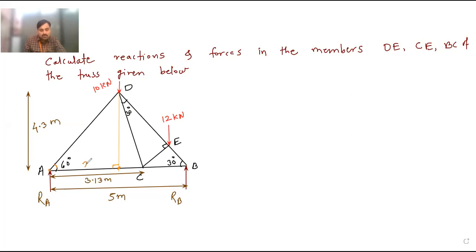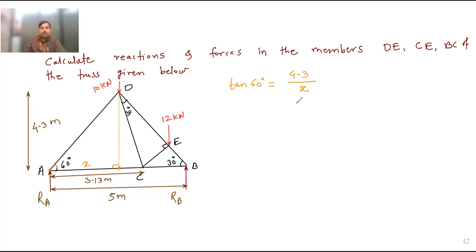Suppose this distance is x. Then if I use tan of 60, tan of 60 is equal to the opposite side, that is 4.3, divided by the adjacent side x.